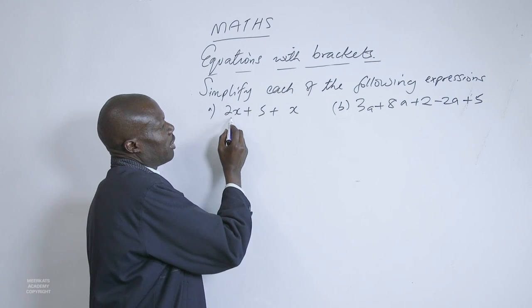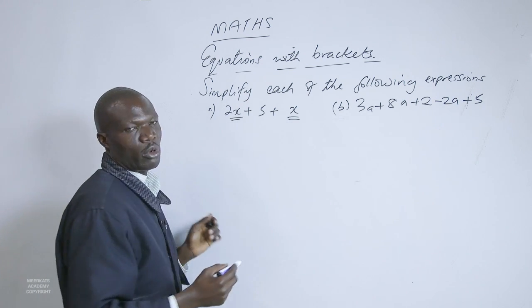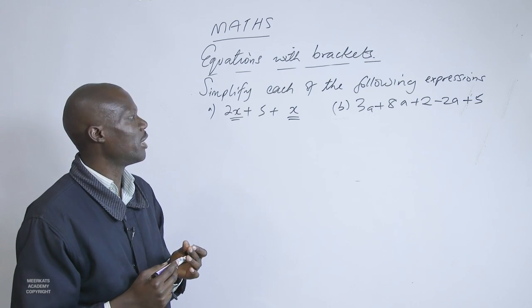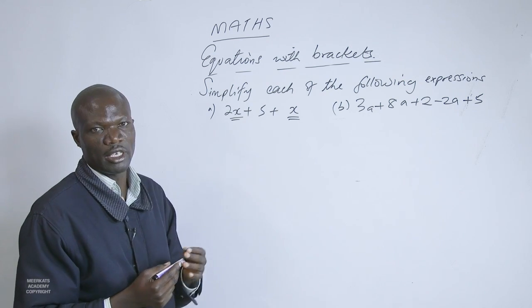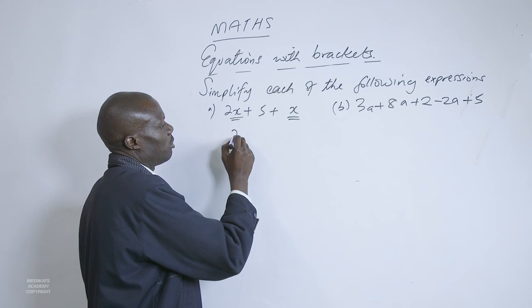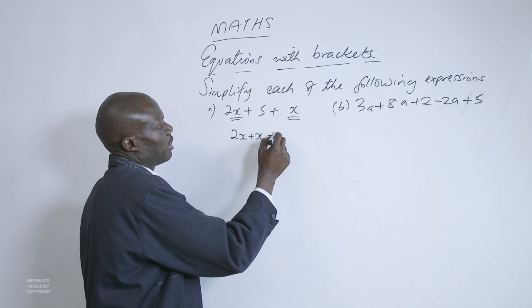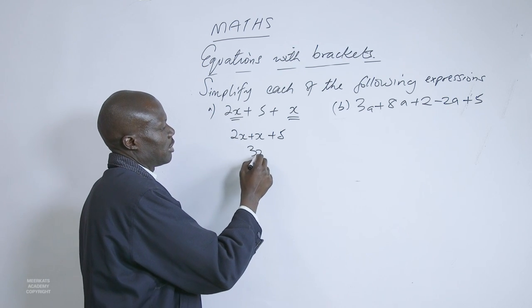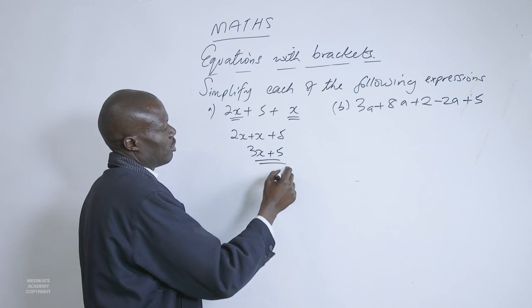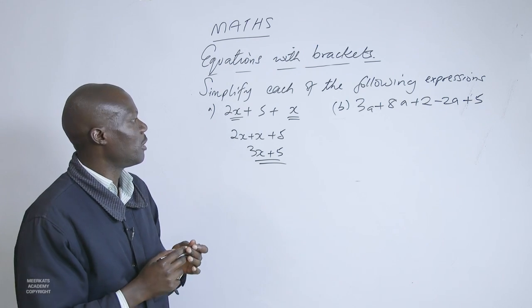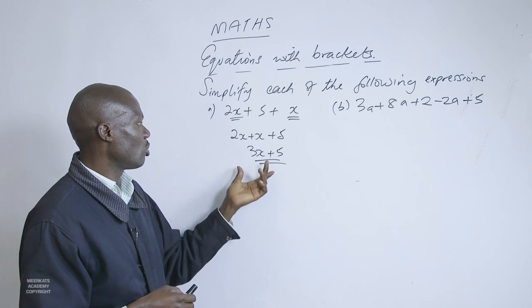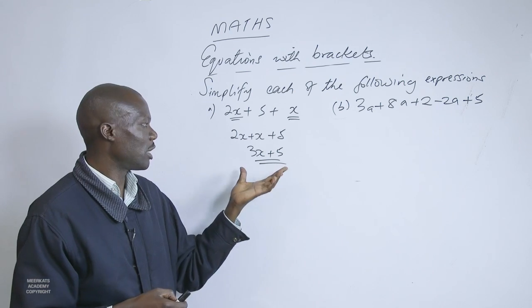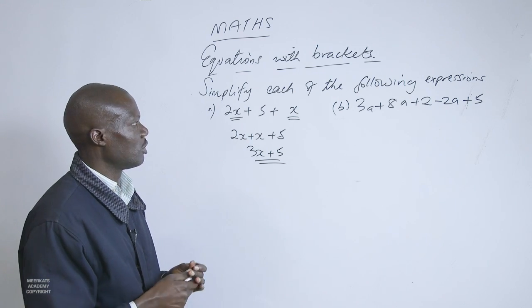For the first part, the like terms are 2x and x, and the sign before x is a plus. So 2x plus x gives us 3x, then plus 5. When you simplify, you get 3x plus 5.